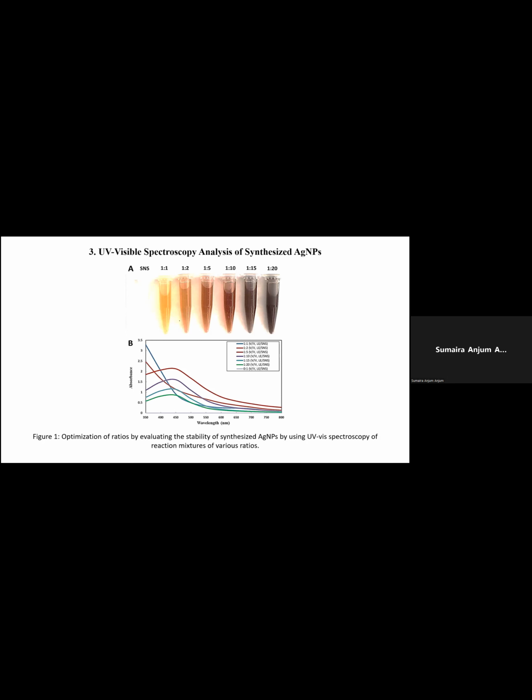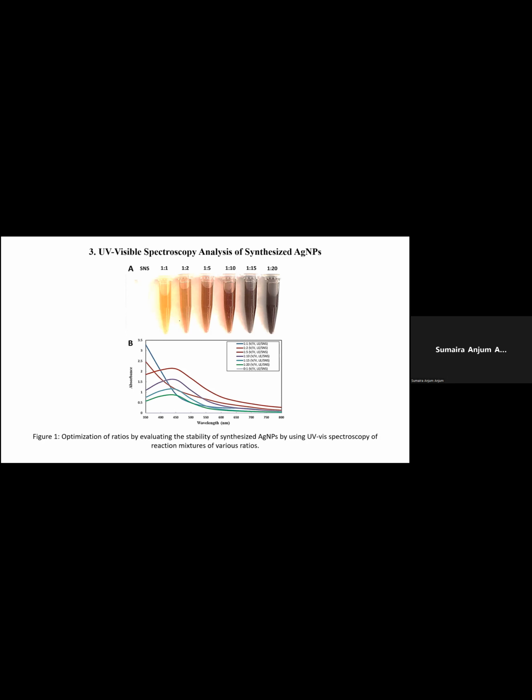Only 1:2, 1:5 and 1:10 show good results, and specifically 1:5 shows the best peak in terms of synthesis of silver nanoparticles. Then further, we chose only the 1:5 ratio for the synthesis of the silver nanoparticles.